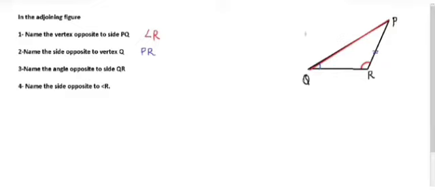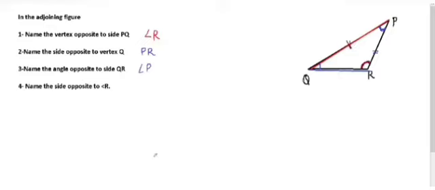If I take this as side QR, the vertex opposite to side QR is this one. So I can write angle P is the vertex opposite to side QR. Now the side opposite to angle R, we can see here that this is your angle R and this is your side PQ.